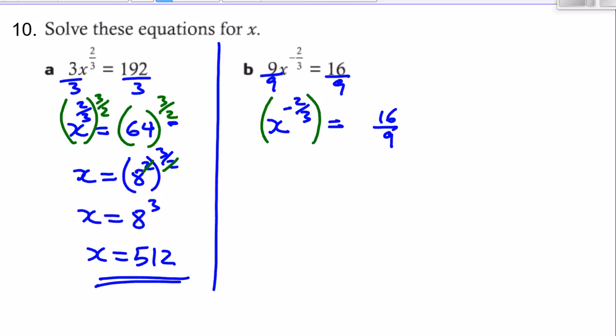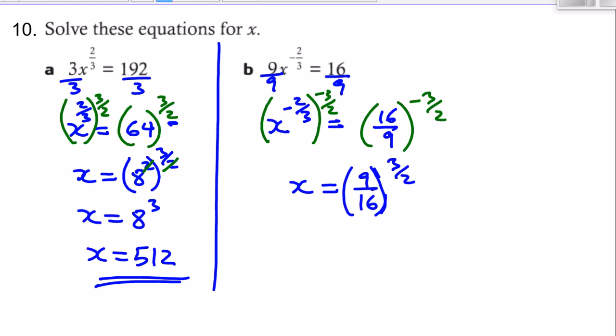Get rid of this power of x by multiplying by its reciprocal, negative 3 over 2. This as well, negative 3 over 2. So what will remain on the left, because negative 2 over 3 multiplied by its reciprocal will just be 1, is x.